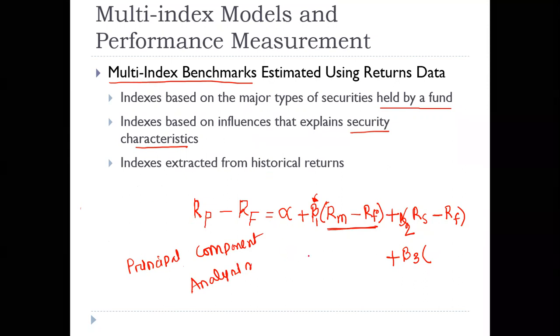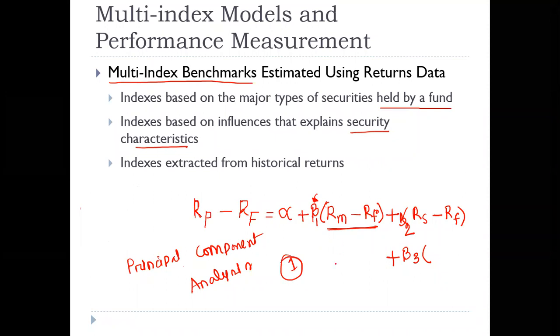Now, if I ask how many interest rates are there in the monetary environment in our country, do we have only one rate or more than 20 or 30 rates? There are several interest rates.